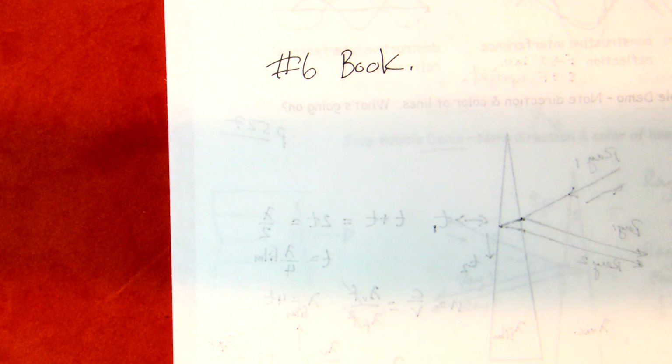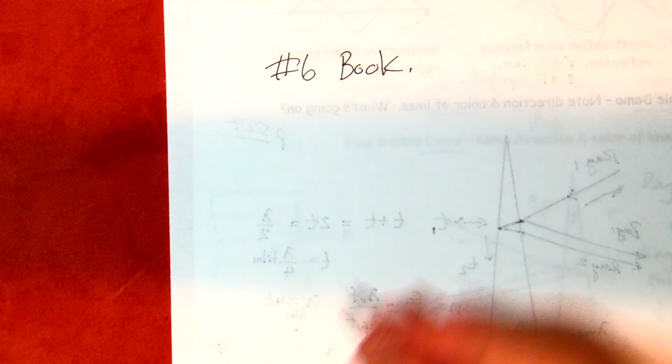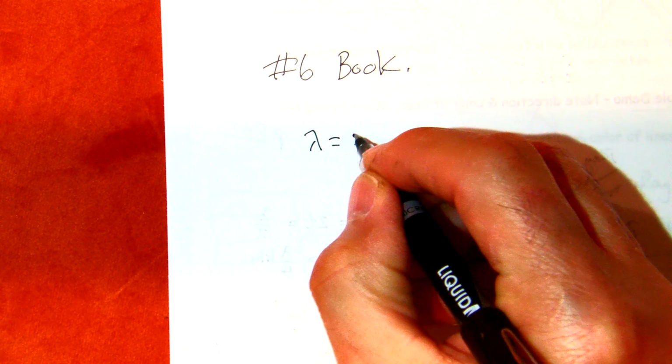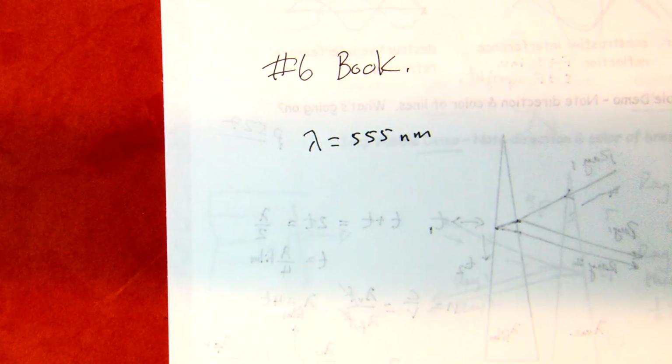The coating is magnesium fluoride and it's placed on glass. How thick should the non-reflective layer be to keep yellow-green light with a wavelength of 555 nanometers from being reflected?